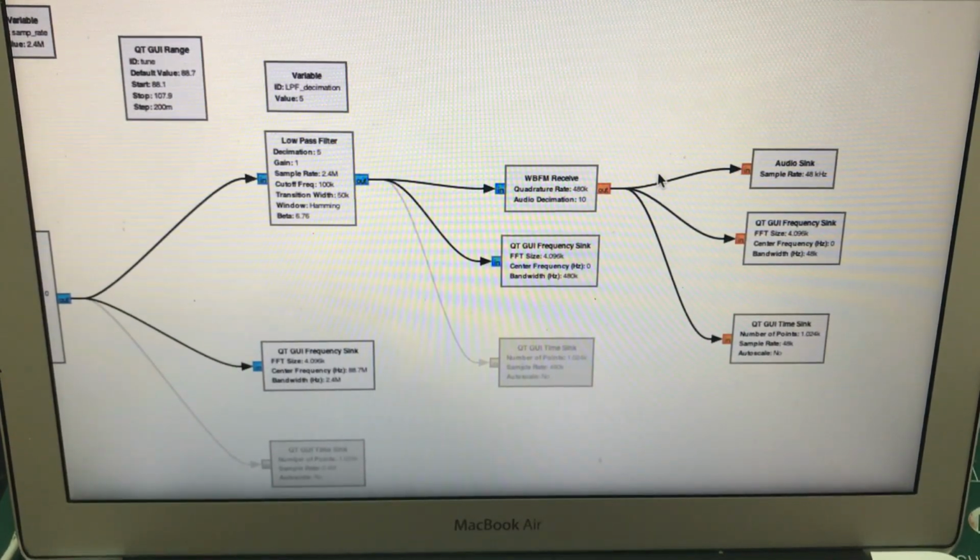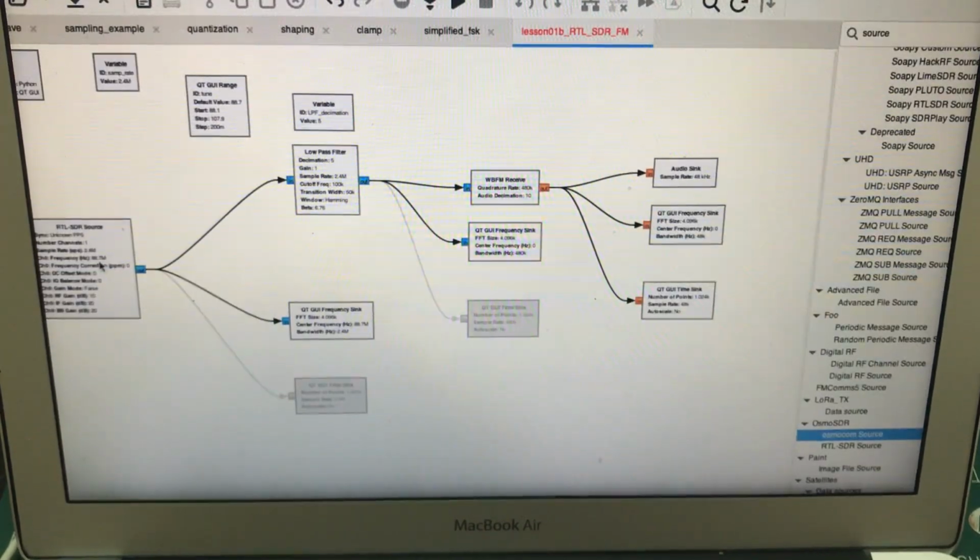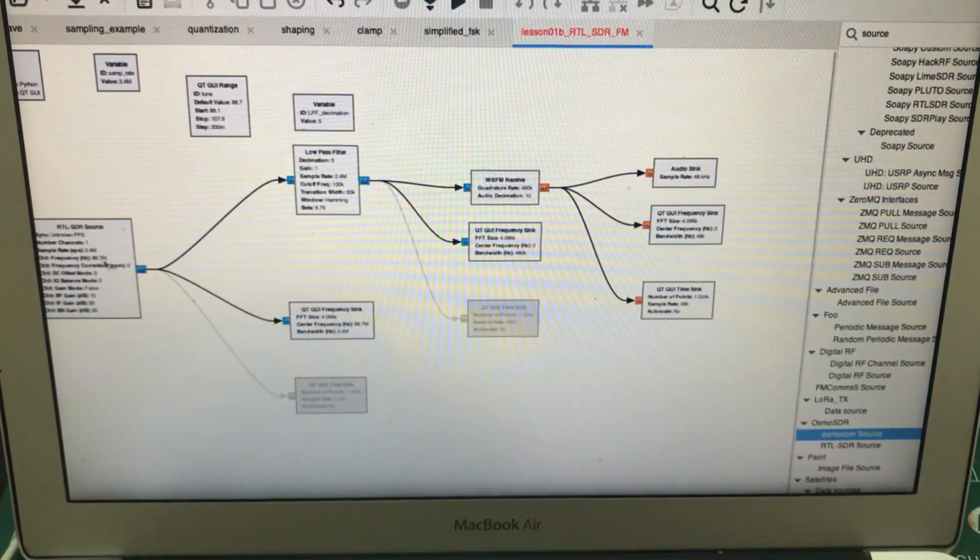So now here's a different output. This is the output that is coming directly into a frequency sink from your SDR dongle. Now there are two outputs. This output after the low pass filter is also there, so we're looking at how the signal looks after filtering using a frequency sink.